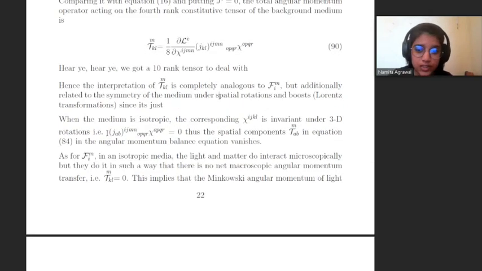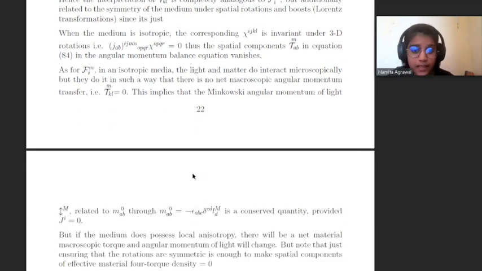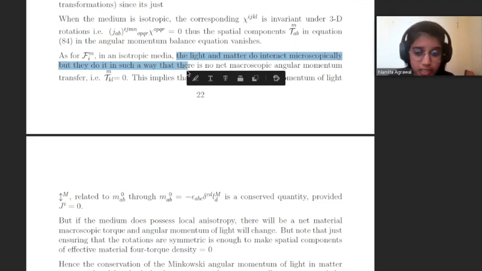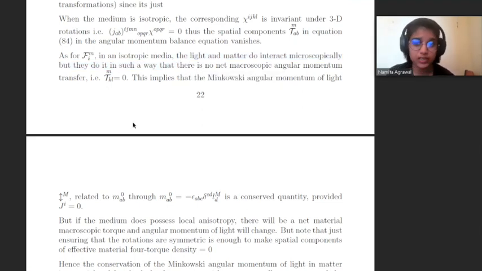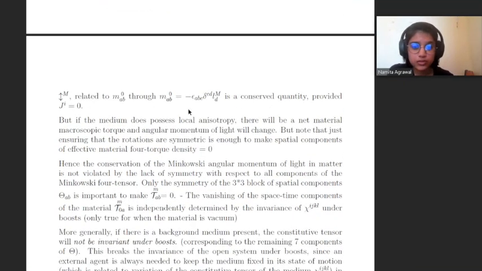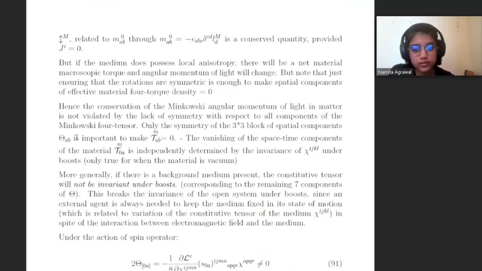Now in order to say that there exists a Minkowski-like conserved angular momentum, I'll just need to make sure that the 3 cross 3 rotation component is symmetric. The boost usually messes up the symmetry invariance of the Minkowski angular momentum.